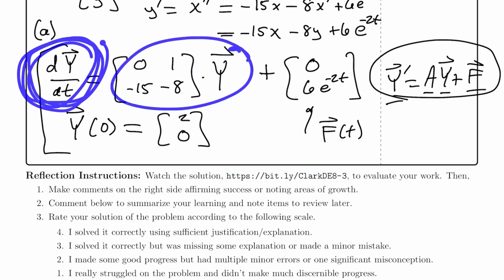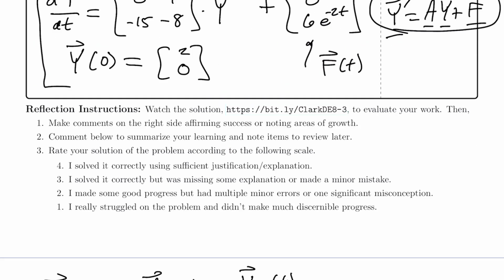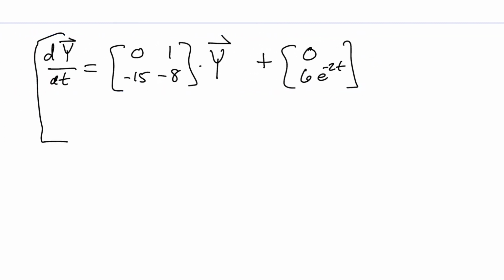Take the derivative of an e to the negative 2t function, you'll get an e to the negative 2t function. So basically, we're just going to guess y to be some e to the negative 2t function. So I'm just going to copy this differential equation here, and we'll paste it down for part C.